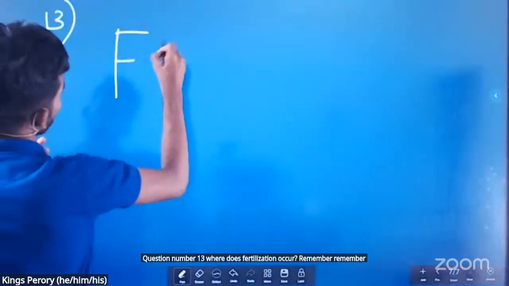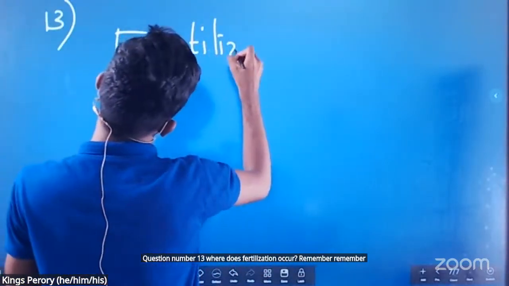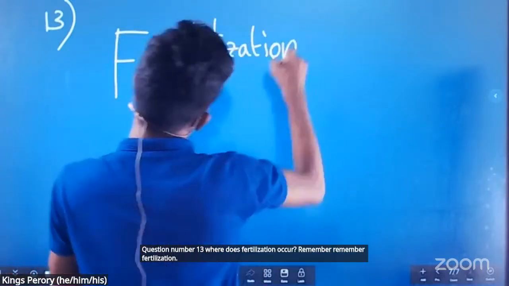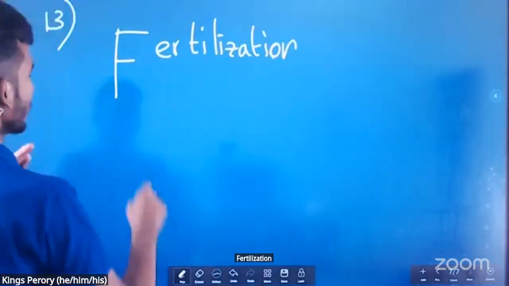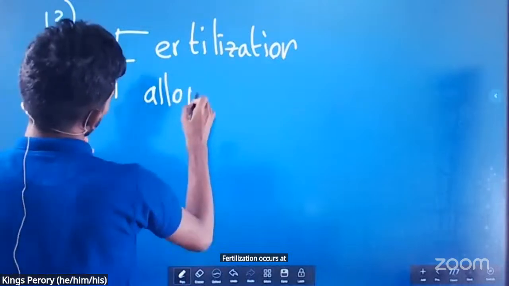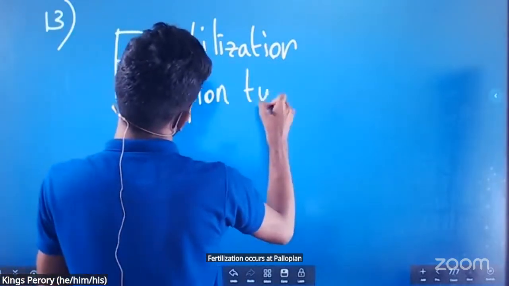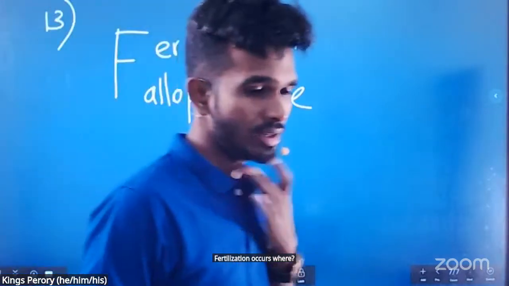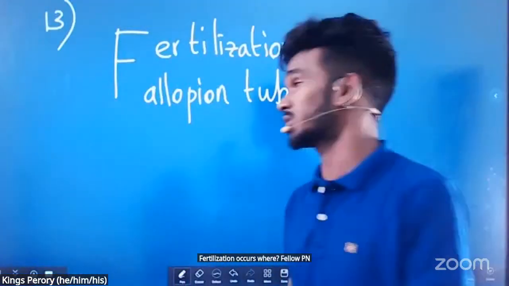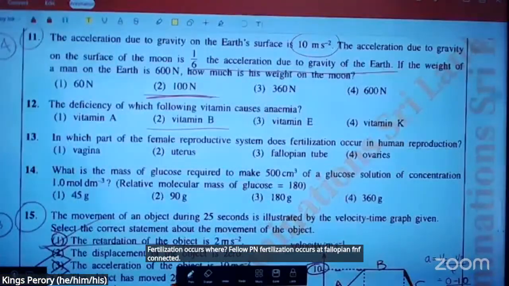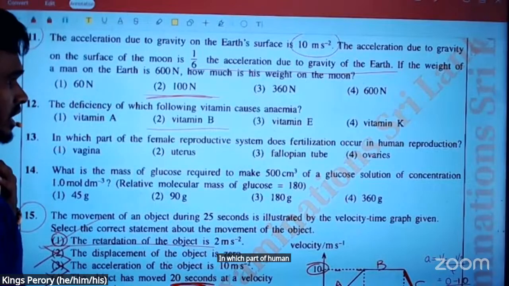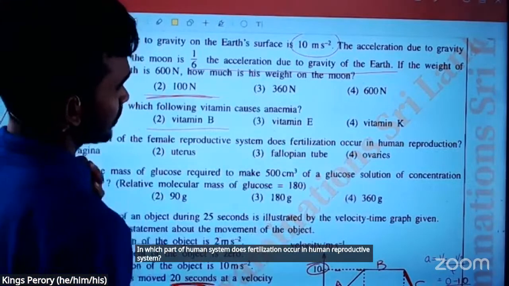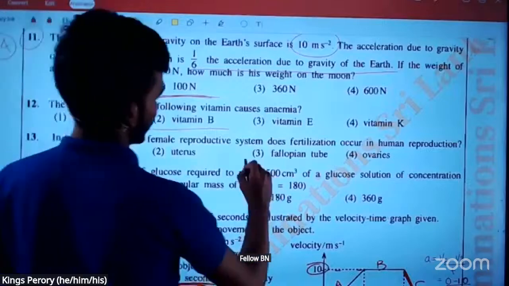Remember, fertilization occurs at the fallopian tube. Fertilization occurs at the fallopian tube, the connecting tube. Fallopian tube. Answer 3.